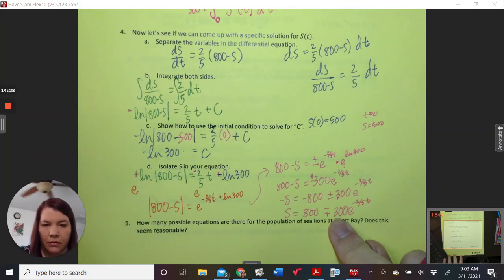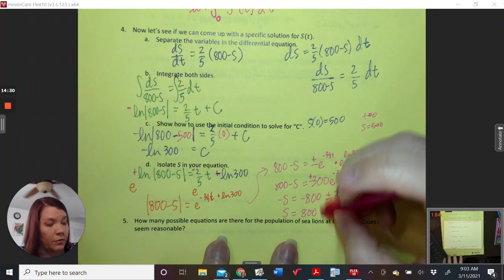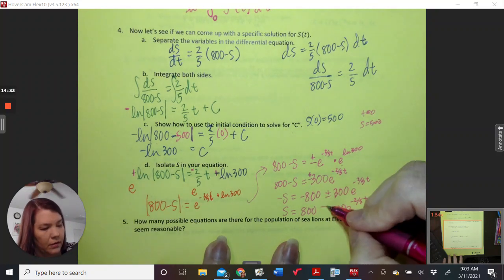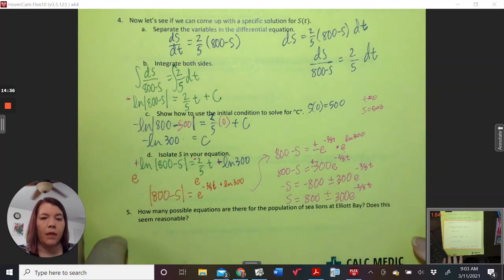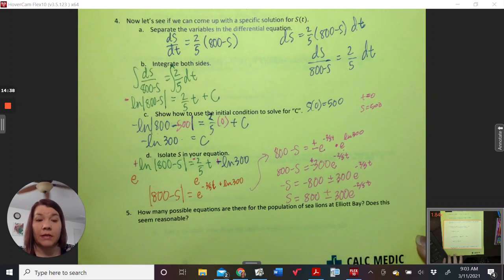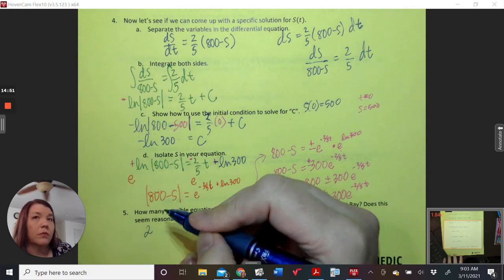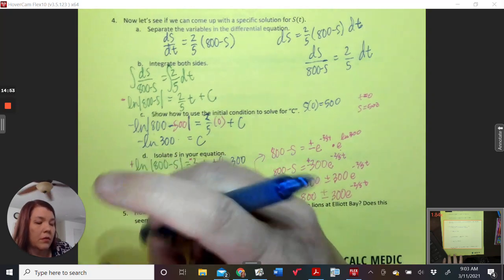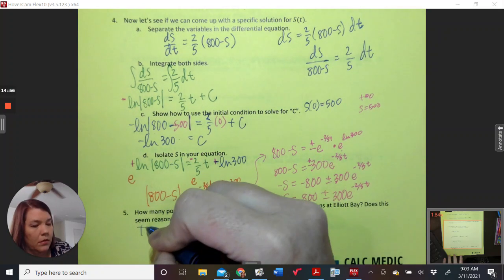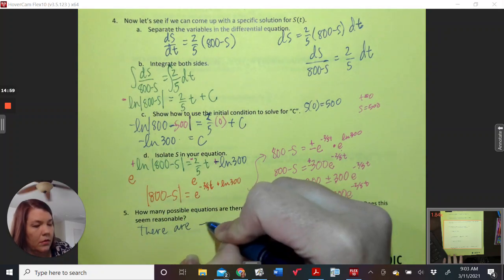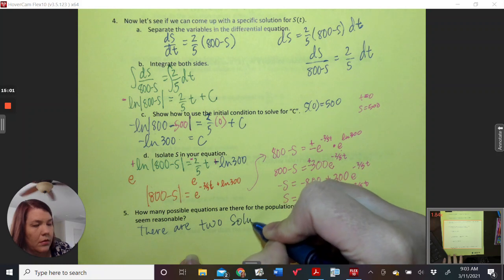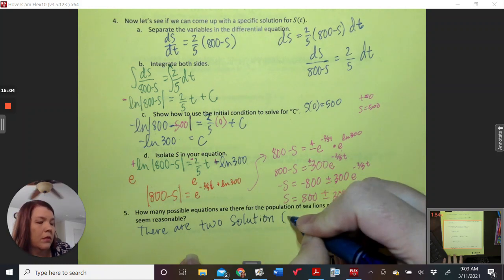Okay. How many possible equations are there for the sea lions at Elliott Bay? 2. I mean, there are many possibles, obviously. How many possible? There's 2. But this is not reasonable.